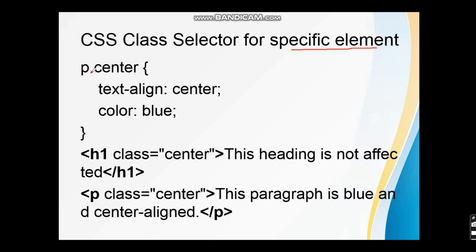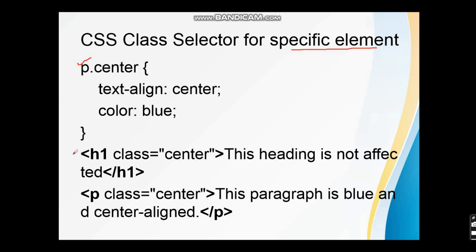If we write a dot, it is the indication of a class selector, but here it is specifically applicable only to the paragraph tag. P dot center: center is the class selector name and P is the paragraph element. So we are defining a rule that is applicable only to the paragraph element.